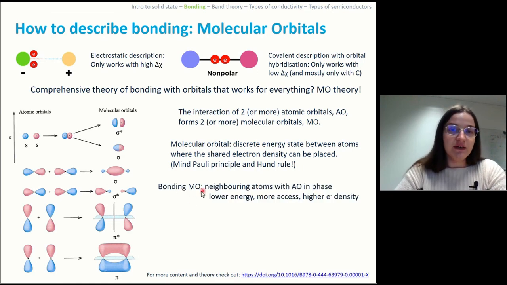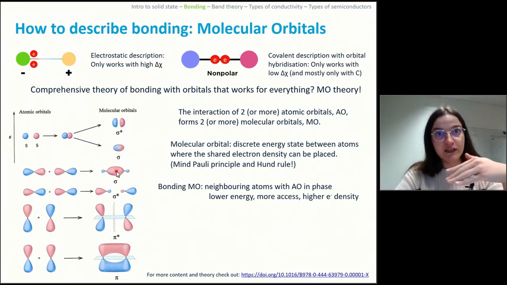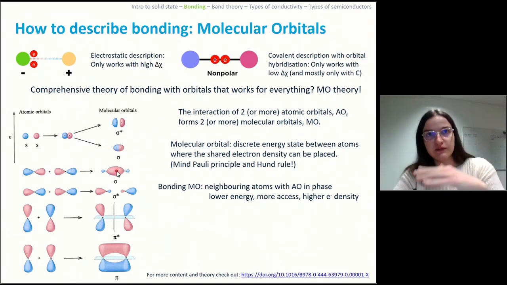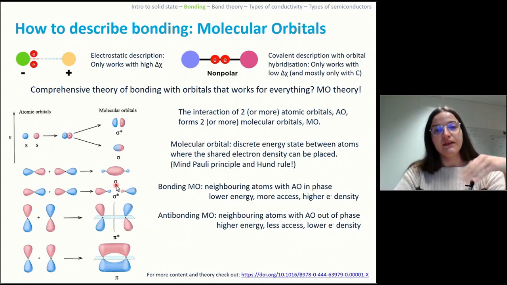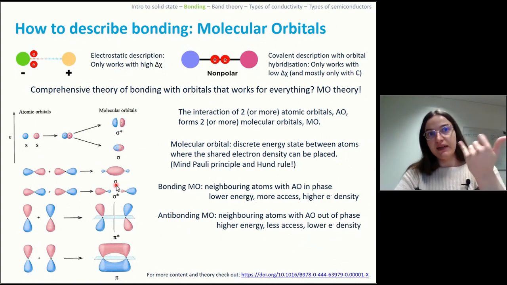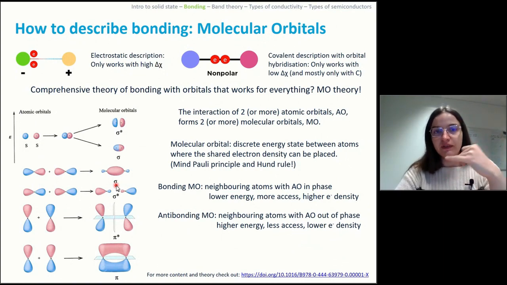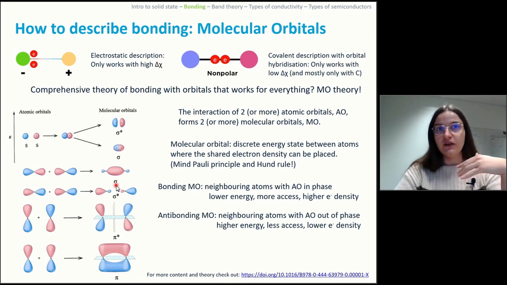The bonding is the molecular orbital with the lower energy, so preferential to start placing the electrons, so the more accessible, the one with the higher electron density. The anti-bonding is the one that gets created as a reflection of the interaction. Higher energy, less access, usually less electron density unless you cannot avoid it.